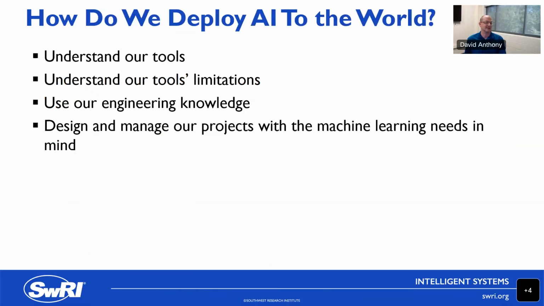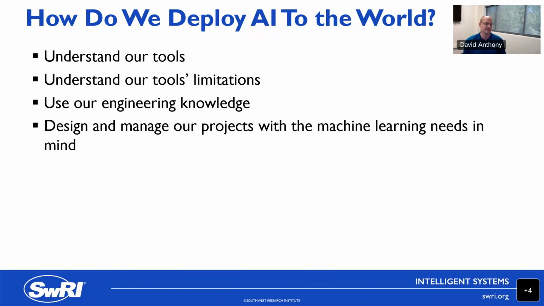Well, this is kind of the spoiler slide. What do we do? We have to understand our tools. We have to understand the limitations of those tools. And then really, we have to use our engineering knowledge to work around this. Even though our machine learning models are limited in certain ways, we can still design effective engineering solutions to real world problems.